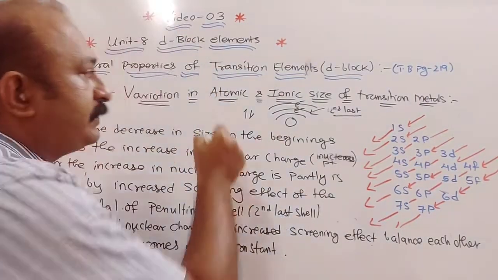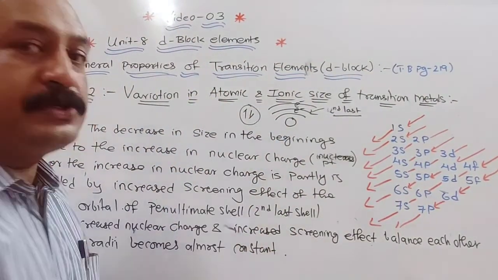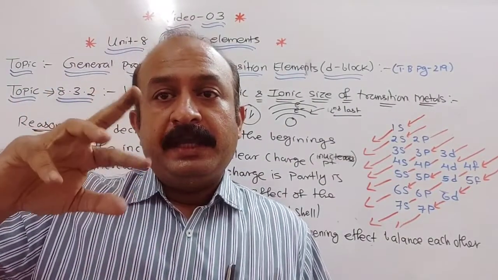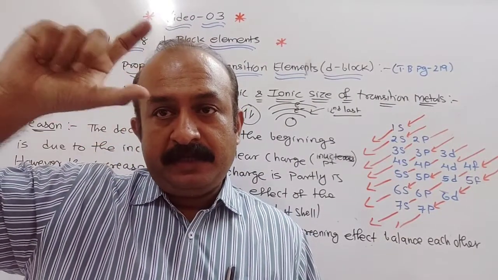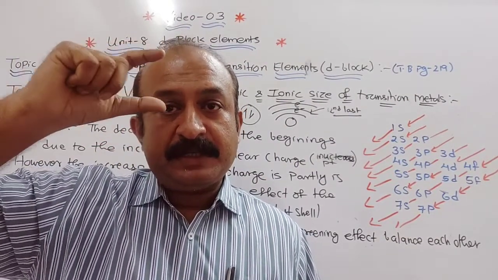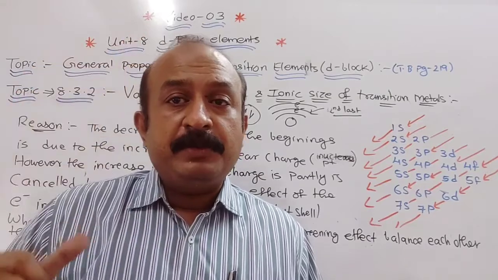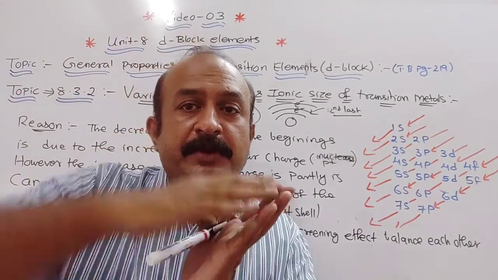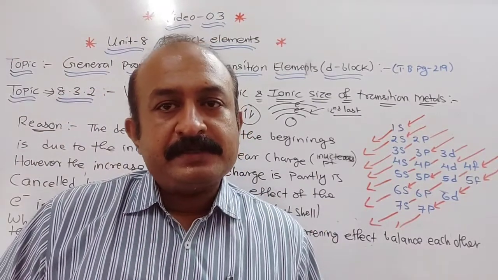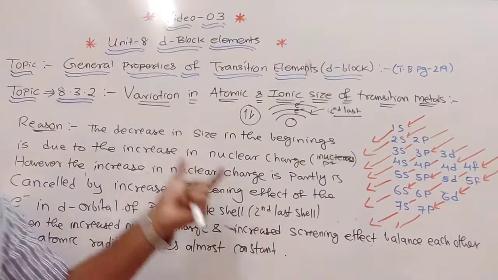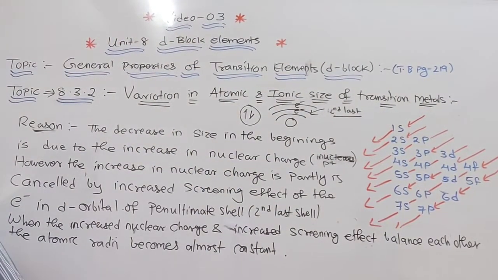We have seen the electrons are filled with opposite spin, so between two electrons in different shells there will be repulsion. Due to repulsion, the atomic size increases. Understood? So this was all about the increase or decrease in size.